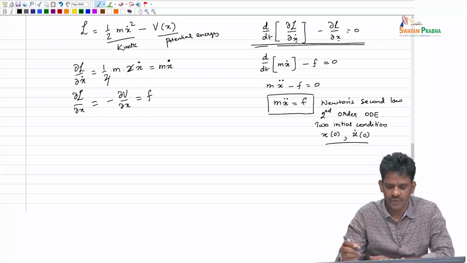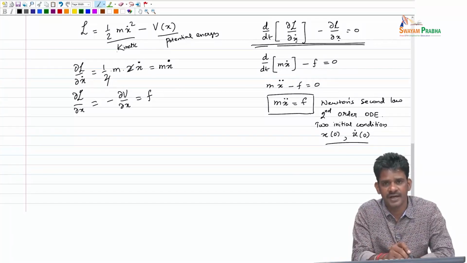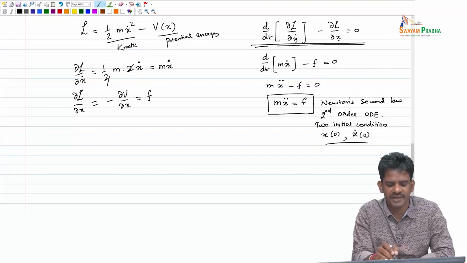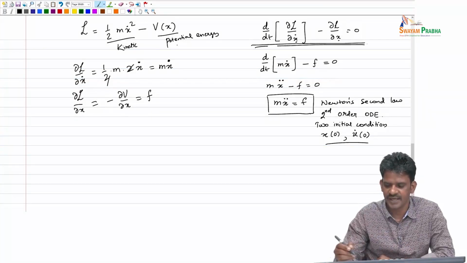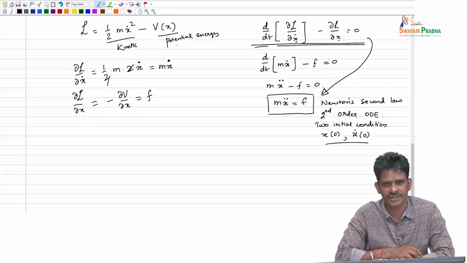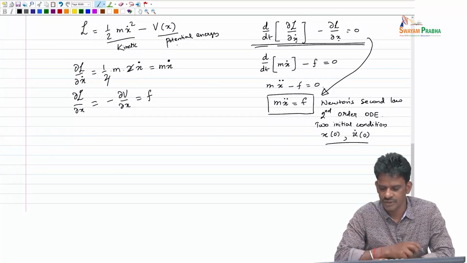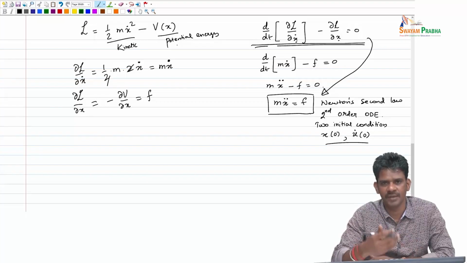And then when you take a simple Lagrangian functional form for the kinetic part and the potential part, you can show that this Lagrangian equation of motion basically gives you Newton's second law, as you would expect. Okay. So, this is one way of solving the MD trajectories.